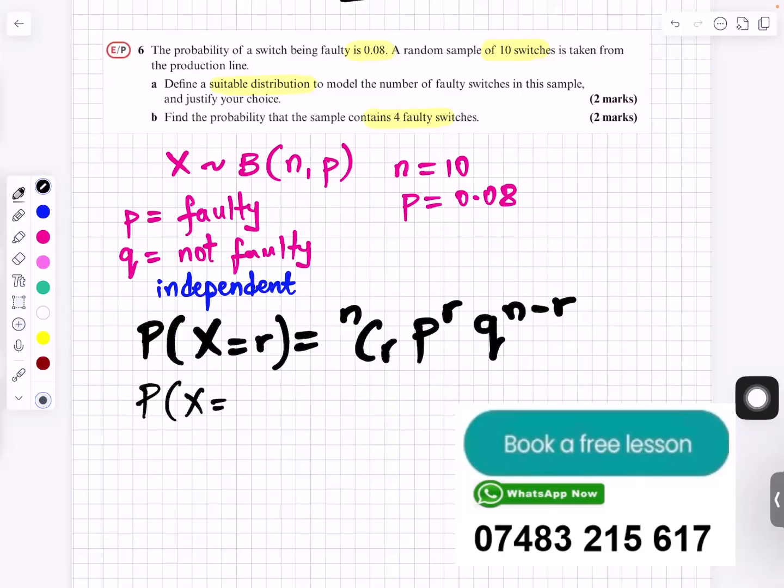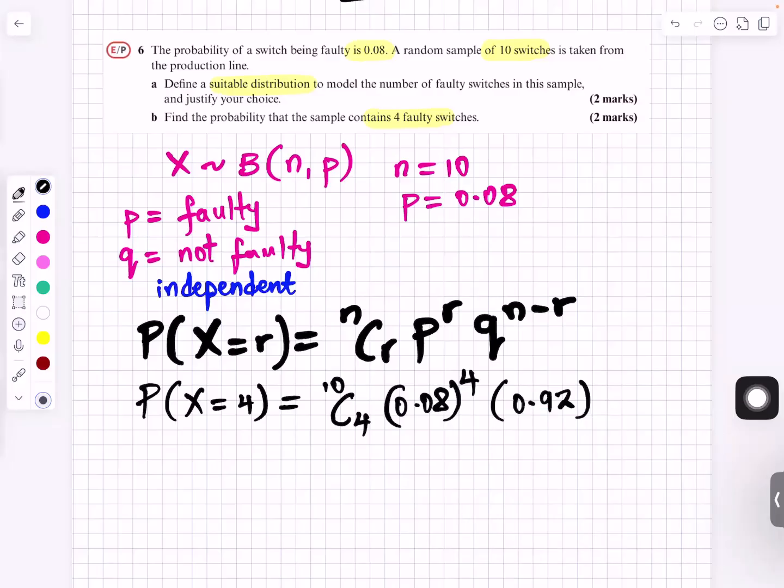Probability of X equals 4 will be 10C4. What's p? 0.08 to the power 4. And what's q? 0.92. And what will be the power for that? 6.